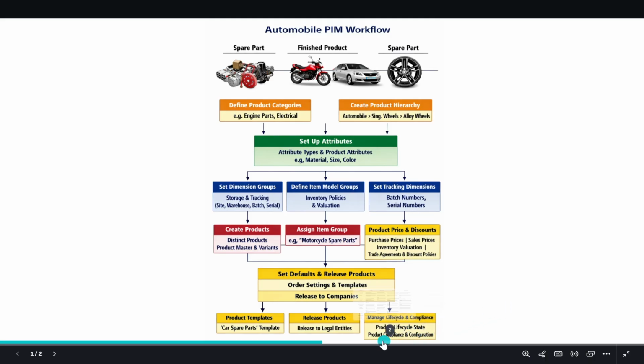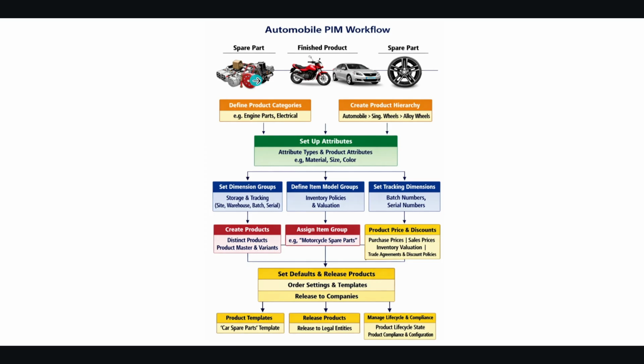Okay, and then the product compliance. Product compliance is again something which needs to meet some compliance requirements, comply with some regulatory requirements. For example, I will restrict my brake system from being sold in a country, South Africa.